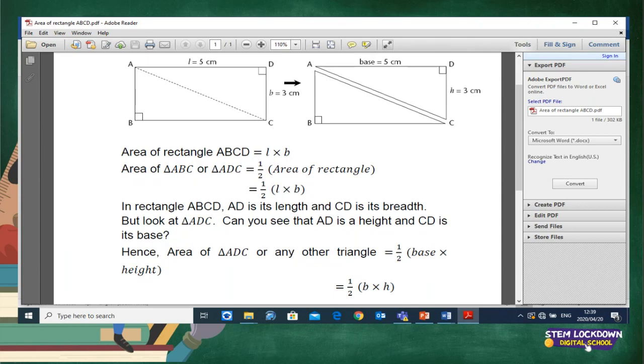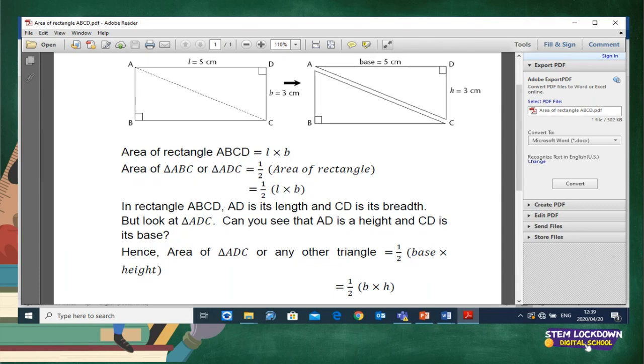And of course, we know L times B gives you 15. But what will be the area of triangle ABC or triangle ADC? It means it will be half of the area of the rectangle. So in other words, it will be half of the length times the breadth.